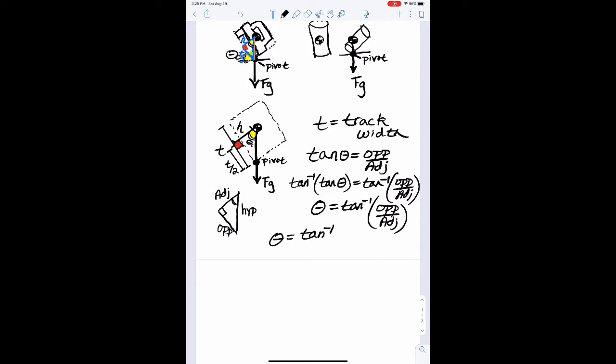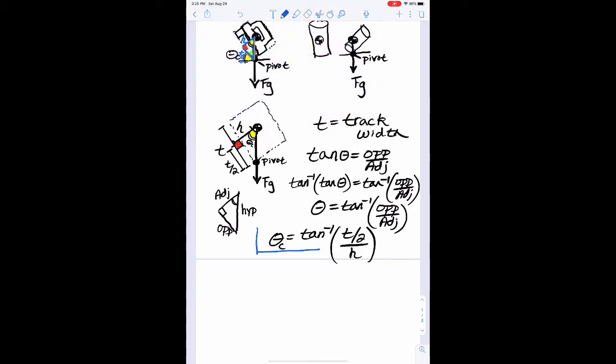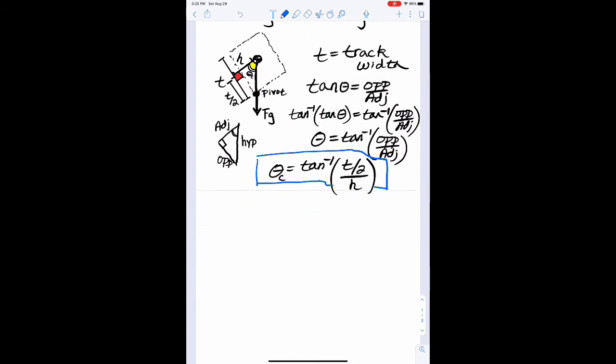Looks like opposite is t over 2, and my adjacent is h. So what we have here, where theta is the critical angle, is a formula for the critical angle. And that's what we're going to use going forward.